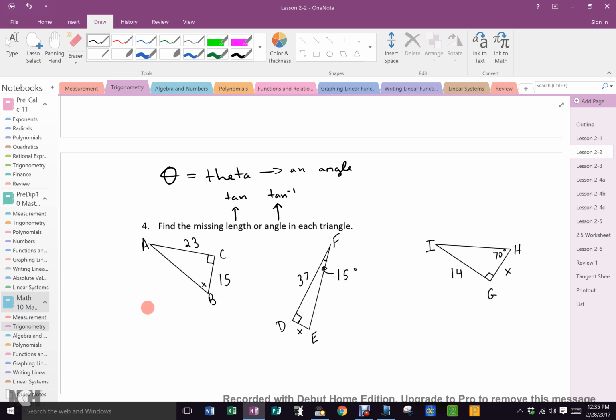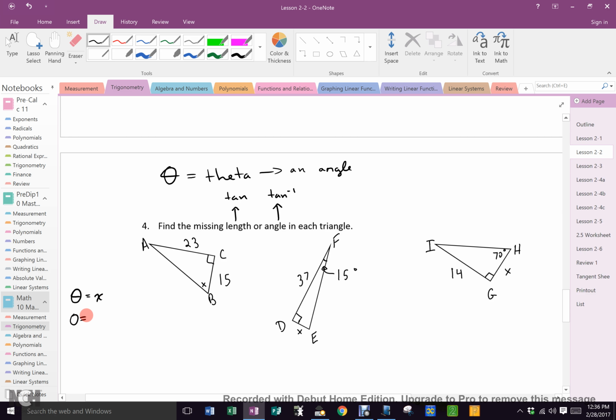Okay? Is there a theta? Is there an angle that I am working with? Yes. Do I know what that angle is, Tanisha? It is x. Cool? Okay. Is there an opposite value to x?